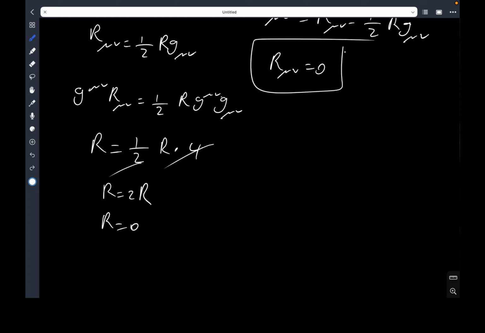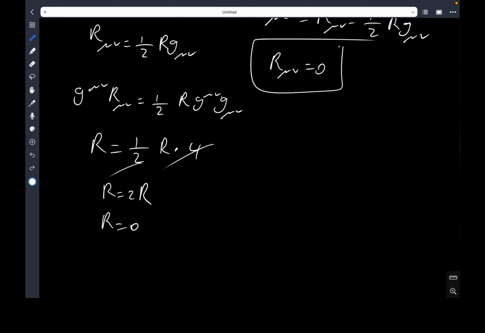But pay attention, it doesn't mean that there is no curvature in space-time. Yes, if the Riemann tensor was equal to 0, that means that the space-time is flat. But the Ricci tensor being equal to 0 doesn't mean that space-time is flat. It means that we're in vacuum.